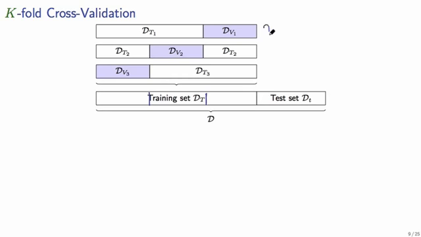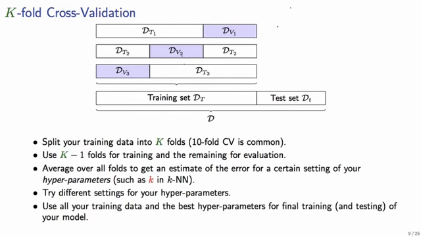So here we do threefold cross-validation. Now we try out different settings for our hyperparameters and get the validation performance for each of those folds. We then choose the setting for the hyperparameter that on average performs the best on all of the folds.